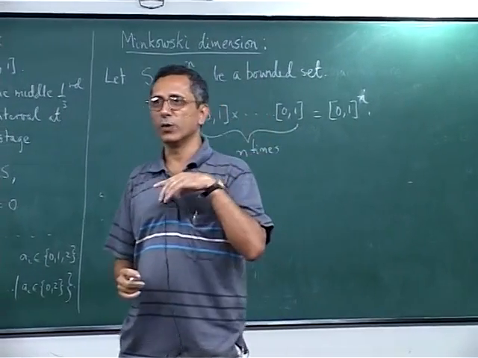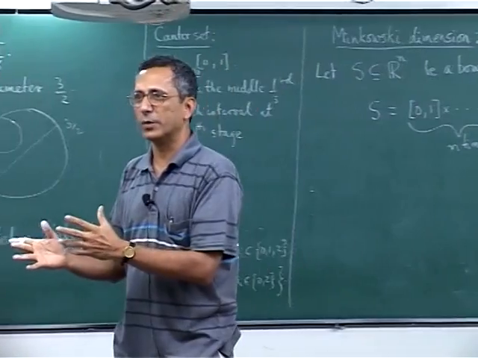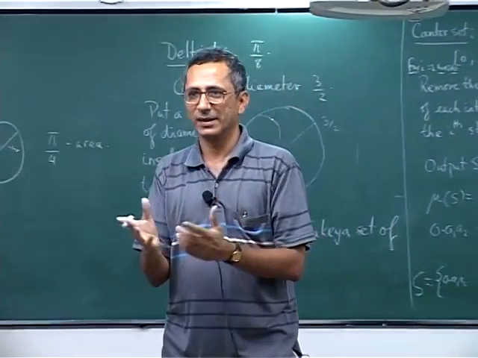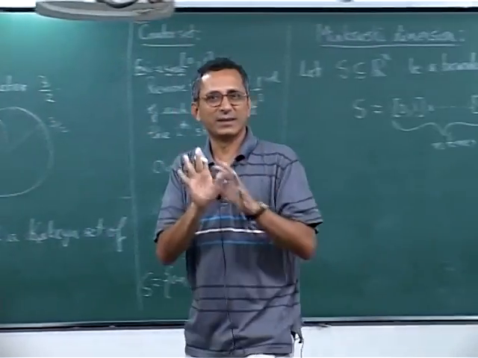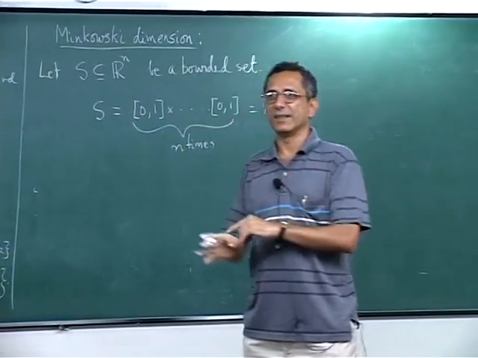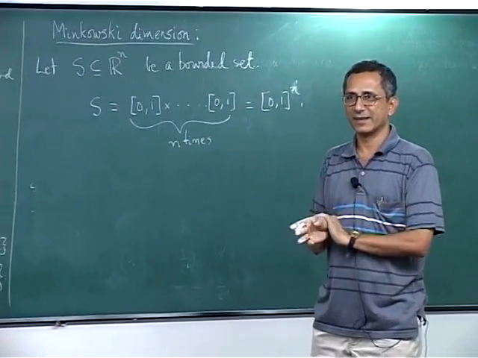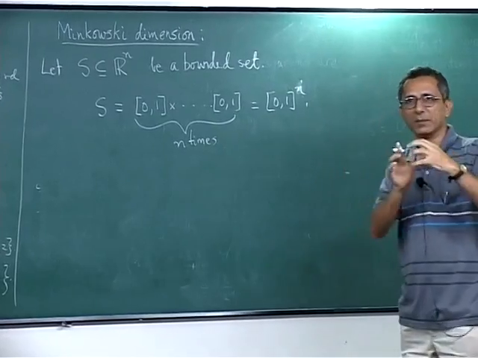Okay. Intuitively, what do we understand by the dimension of the unit cube? It's n dimensional. Right? It fills up all the axes. Okay. It's shrunk, but it's n dimensional.